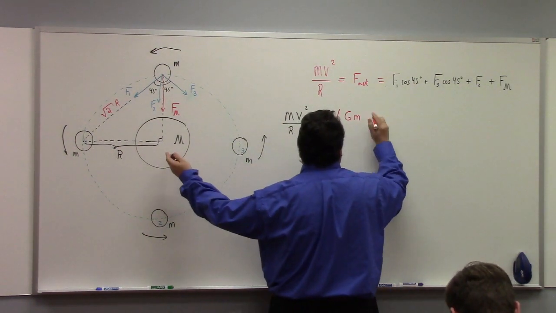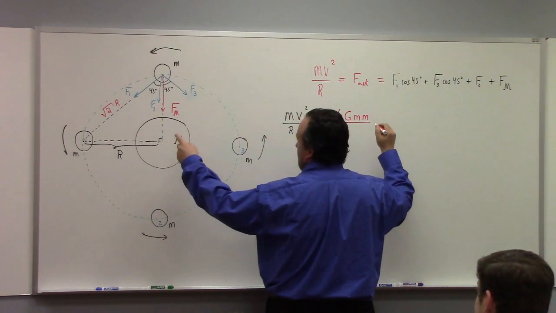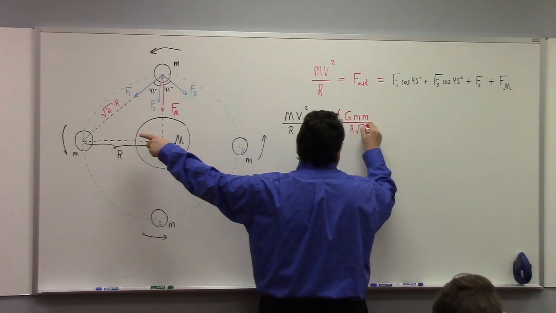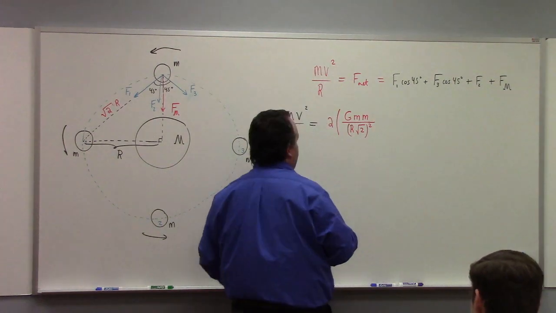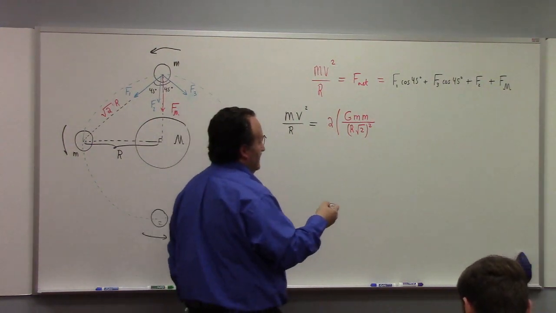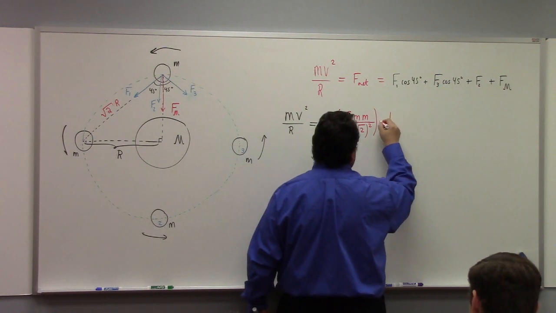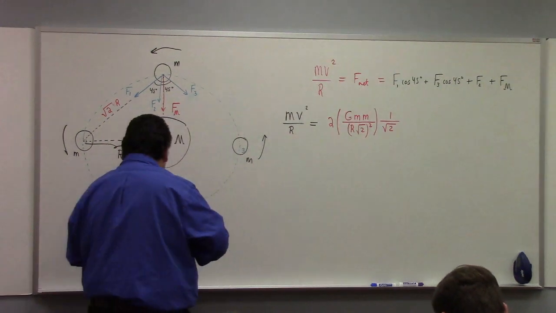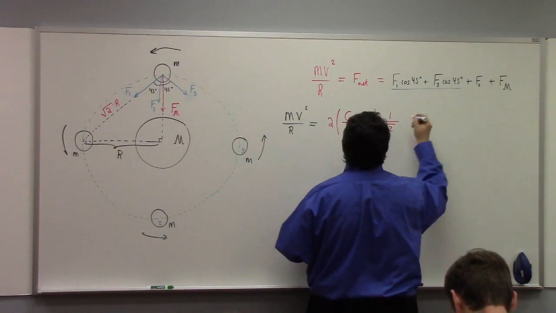This is just G m m divided by the distance squared, which is r times the square root of 2. I'm going to write it that way because it's easier. So this is Newton's universal law of gravitation. I had to multiply by 2, right? And then I have to multiply by cosine 45, which is 1 over root 2. So that right there, guys, is these first two terms. Okay?